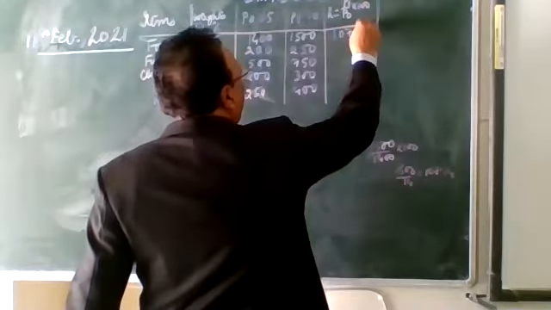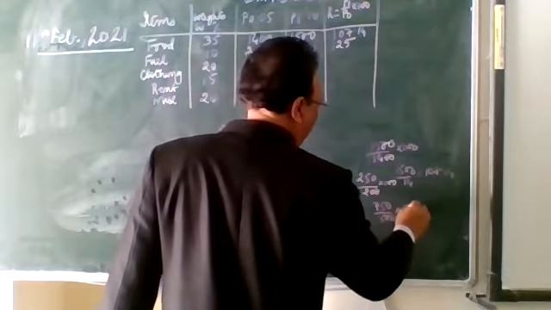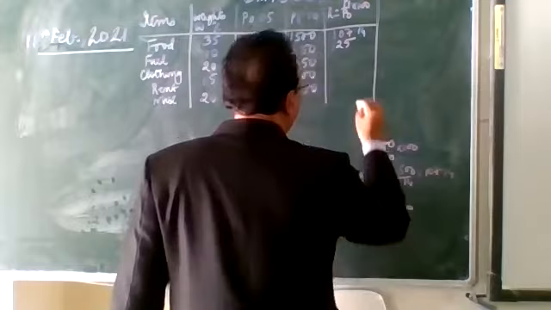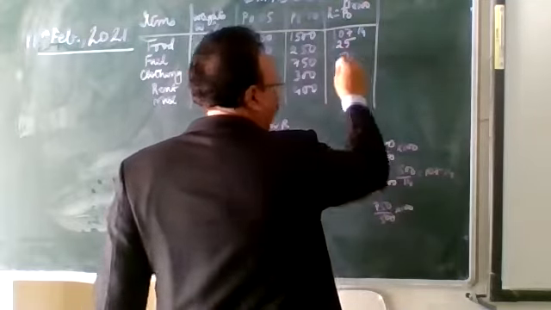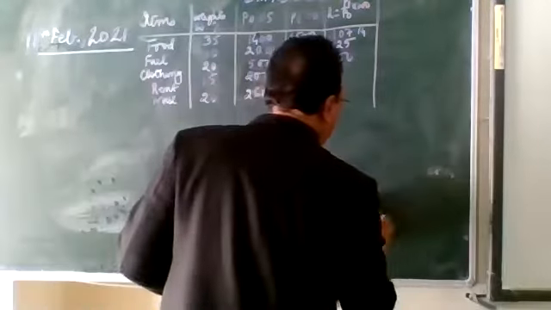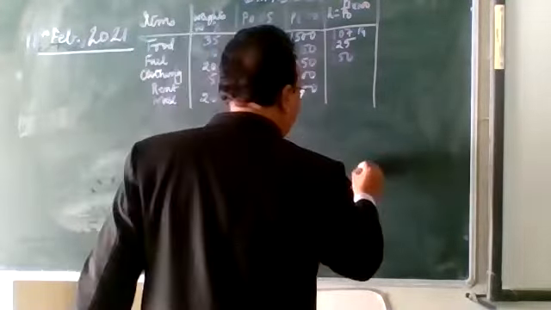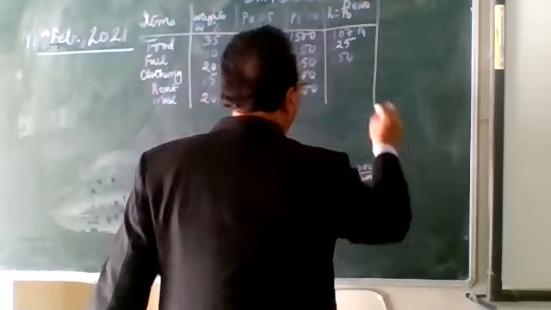Then 750 upon 500 into 100, 150. Then again 300 upon 200 into 100, that is again 150.